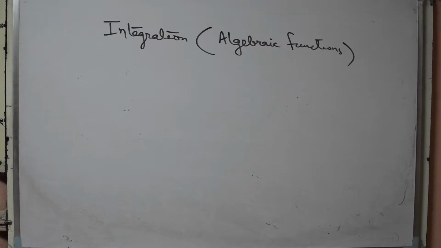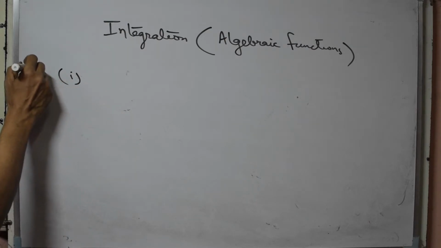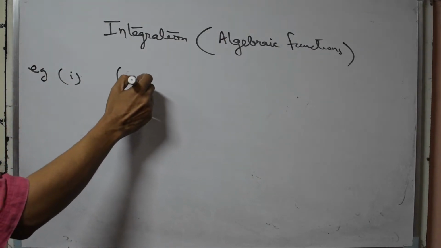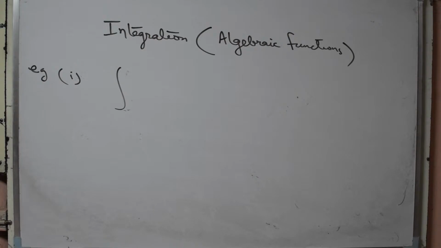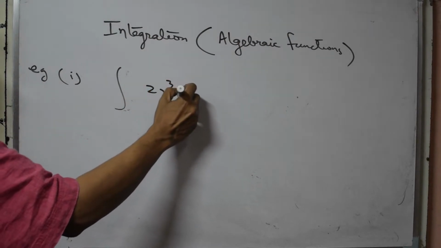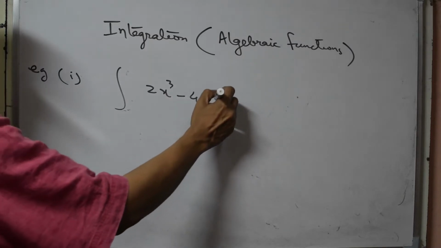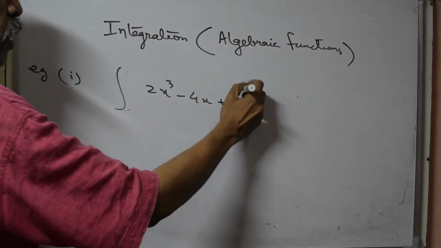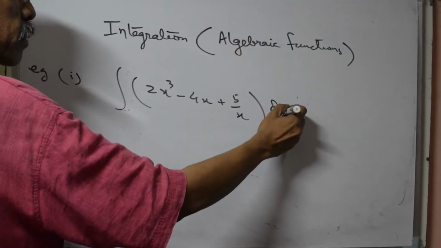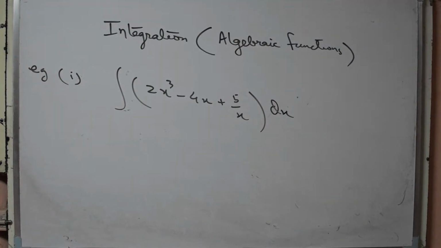That means we can take an example. The first example we can take is the integration of 2x cube minus 4x plus 5 by x. So here the function is 2x cube minus 4x plus 5 by x.